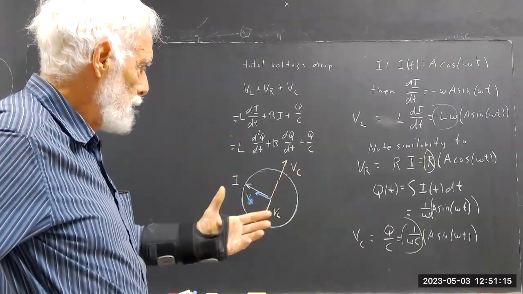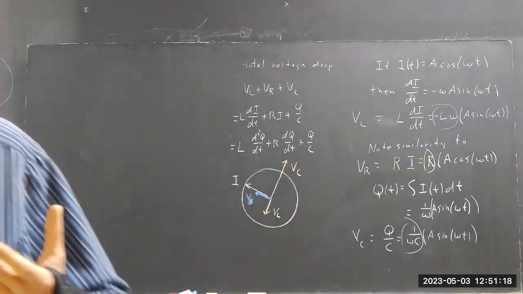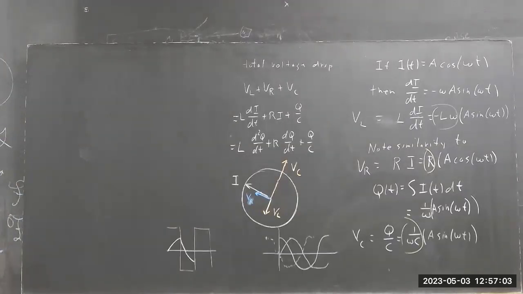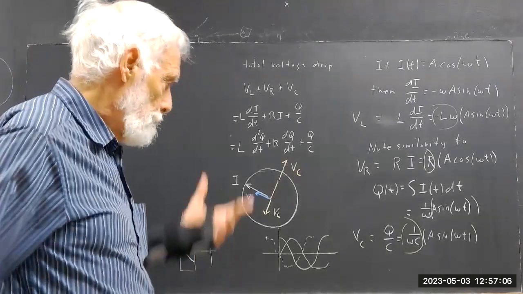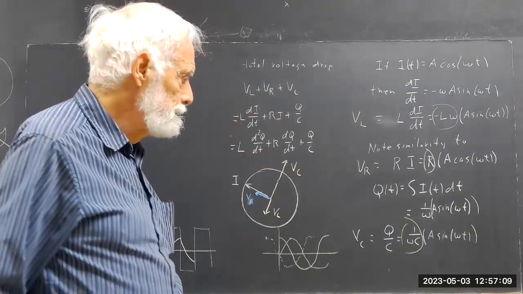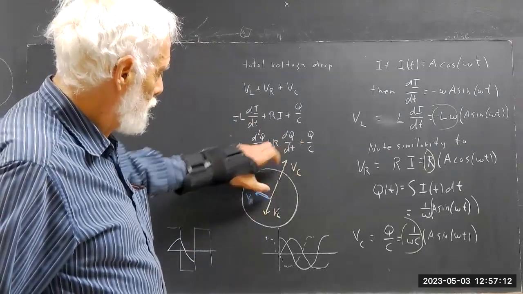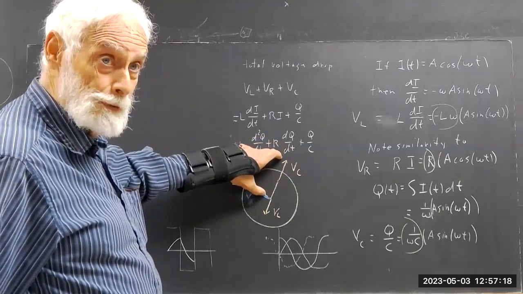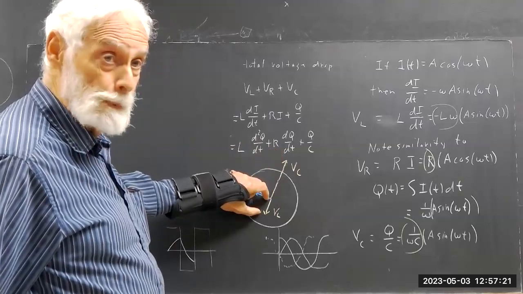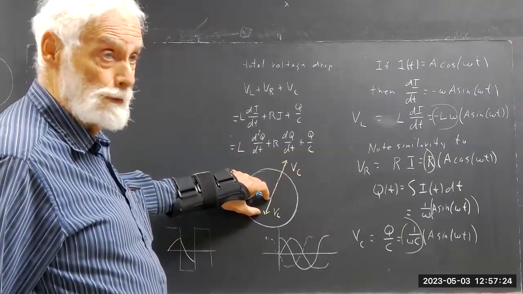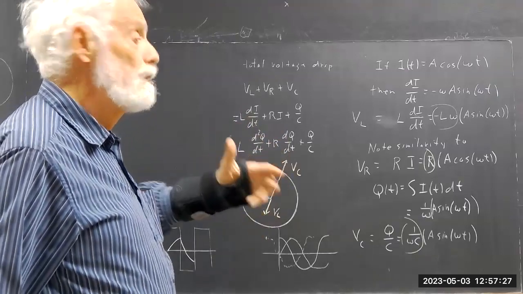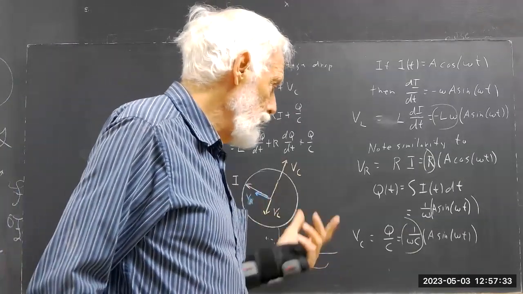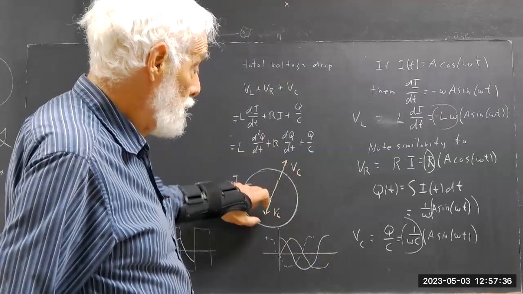How does the capacitive reactance compare to the inductive reactance according to this picture? I don't want to spend too much more time on this, but according to this picture, this vector is longer than this vector, which means the amplitude of the voltage across the capacitor is going to be greater than across the inductor. And what determines the relative amplitude of these two things?